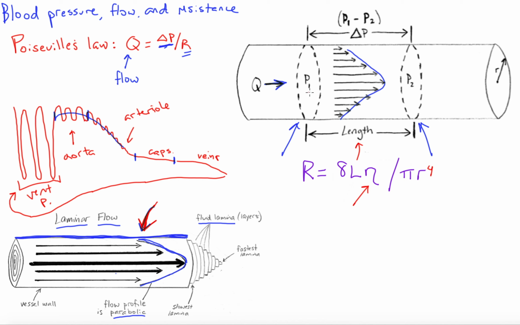Okay, let's talk about eta. Eta is our symbol for viscosity. Viscosity is, if you will, the thickness of blood.